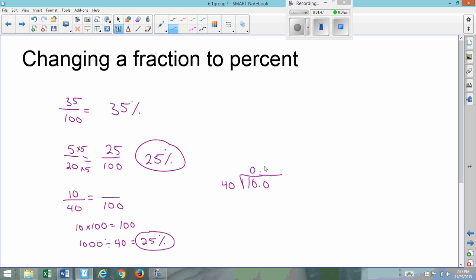It does go into 100 twice, so we get 80. Get 20 left over, and 40 goes into 200 5 times. Now, 0.25 is 25 hundredths, or 25%. So if you get stuck, divide the numerator by the denominator and go from there.